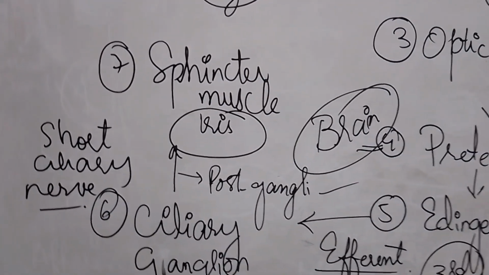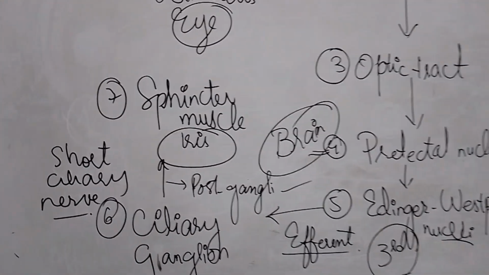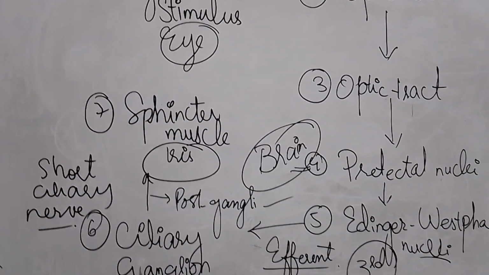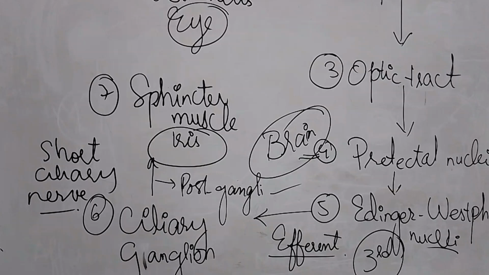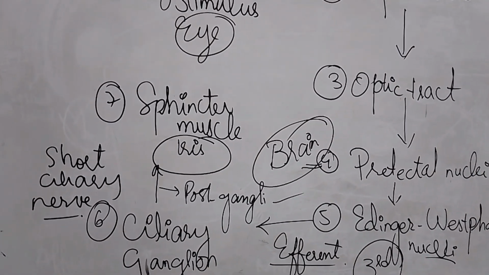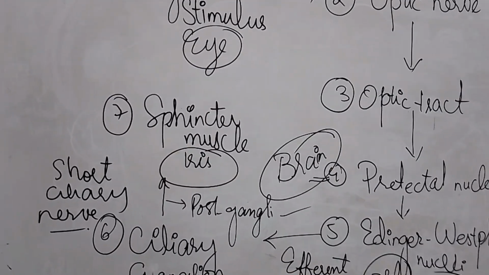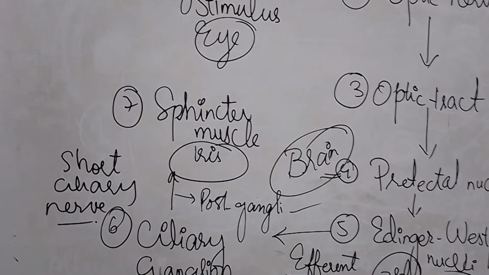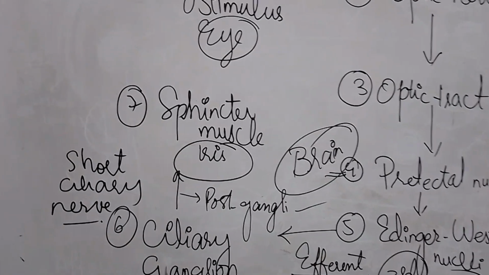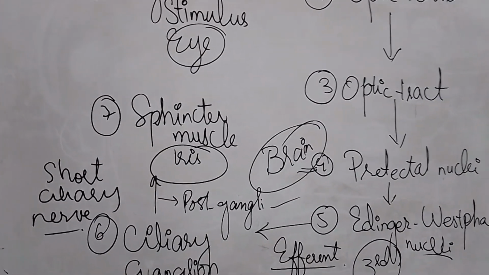So what happens in the dark? In the dark, the sympathetic nervous system gets innervated and there is dilation of the pupil, so that a lot of light can enter the eye, because in the dark there is not much light. In order to see more, the pupil gets dilated so that the light in the surroundings can enter the eye and the patient can see, right?